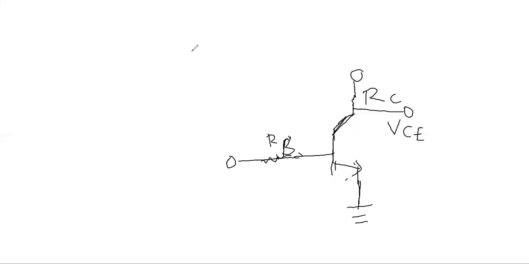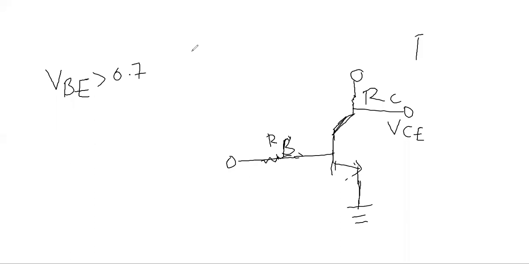Now we give it arbitrary values. For example, we are discussing the situation when VB is greater than 0.7 volt. We know that every transistor has a current gain.